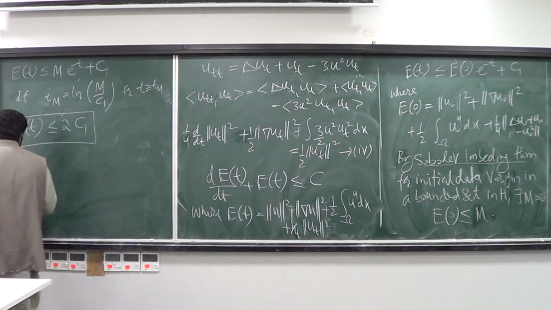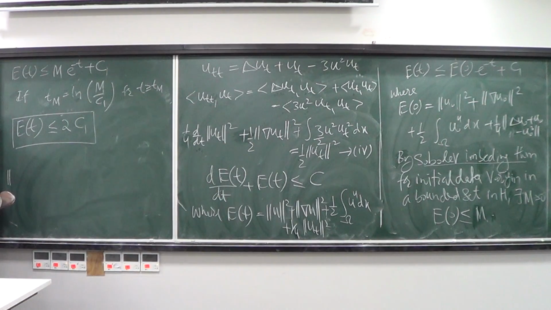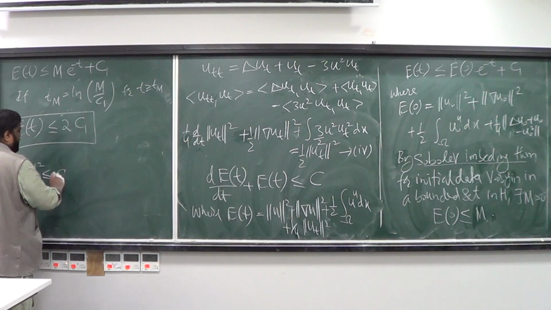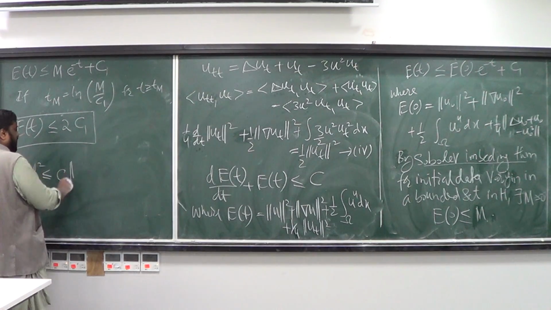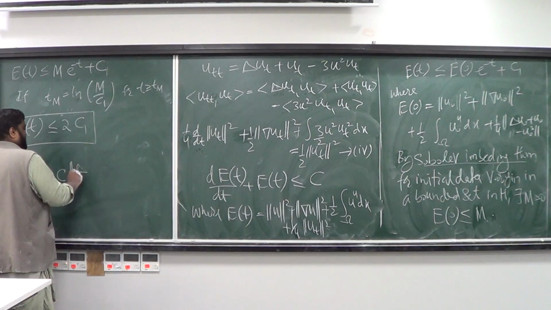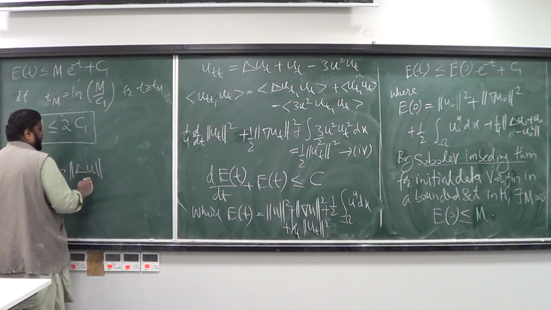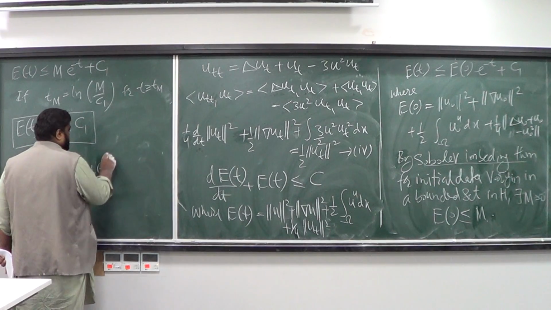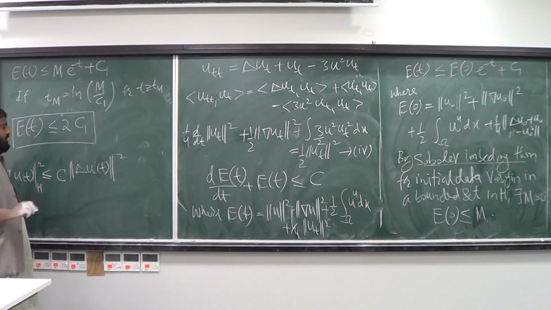By using the regularity result for elliptic boundary problems, we know this inequality: the H2 norm of u squared can be estimated by C times the norm of Laplace u of t, squared. This is a well-known inequality.